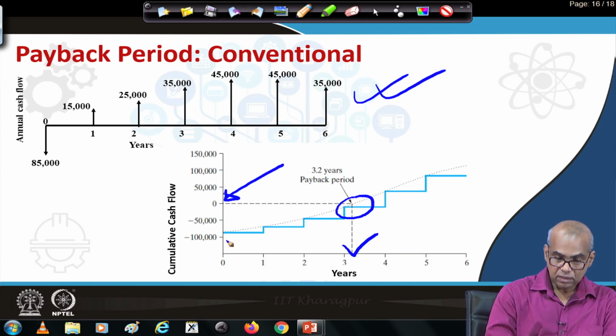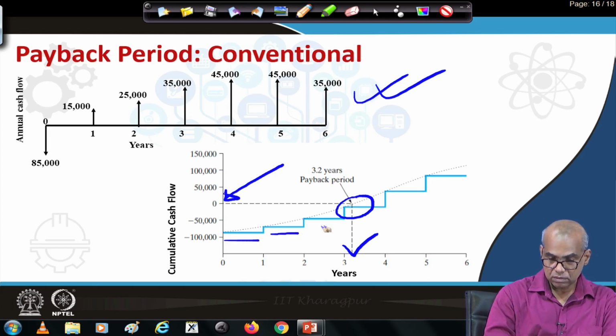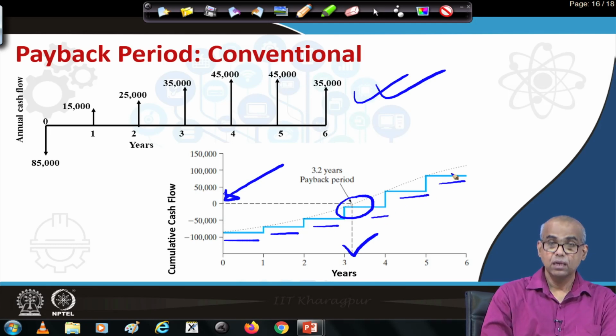Note that these stairs represents the cumulative cash positions.